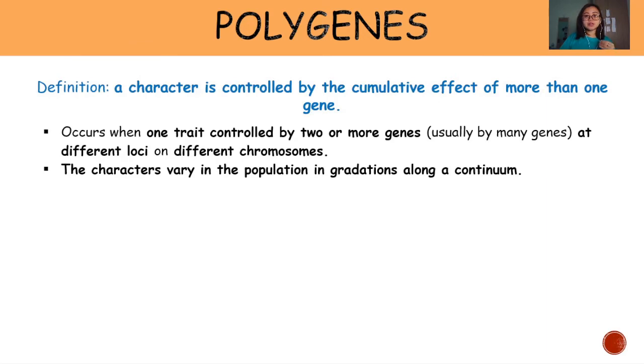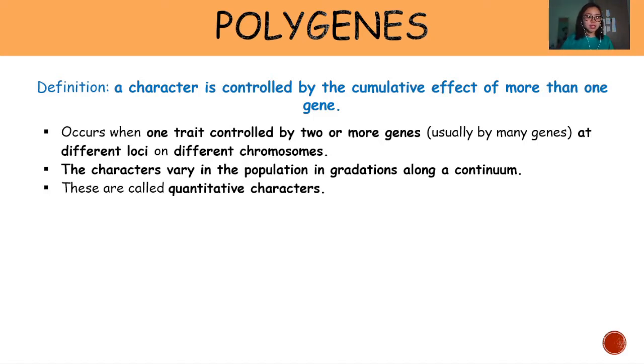The characters will vary in the population in gradations along a continuum. And these are called quantitative characters. Apa maksud poin kedua adalah phenotype dia bukan distinct, dia bukan discrete. Dia macam berterusan. It's continuous. It exists on a continuum.